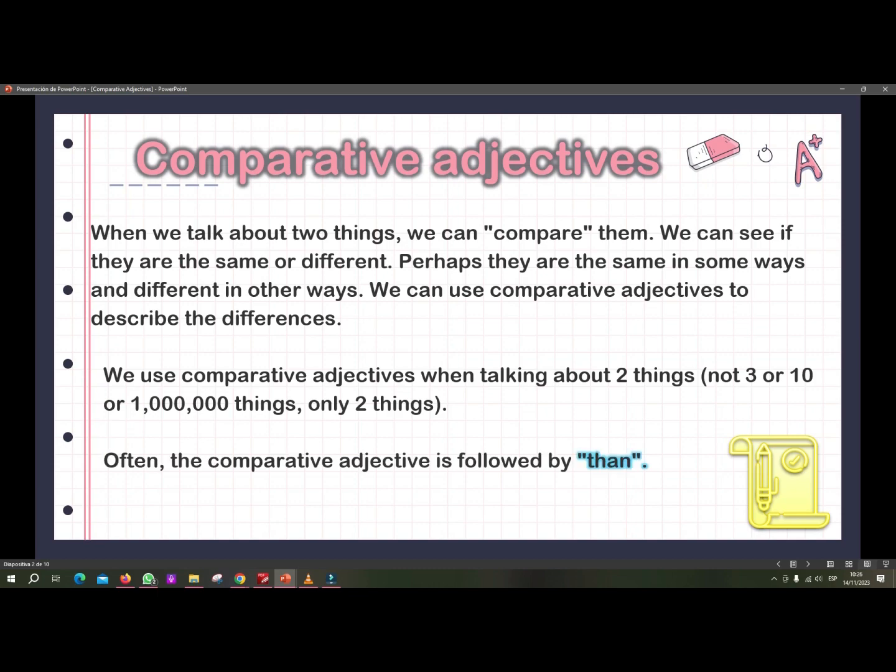So, often the comparative adjective is followed by than. Siempre que tengamos una oración comparativa, vamos a utilizar la palabra than, right? Por ejemplo, cuando decimos María es más alta que, that is the word than in that sense.